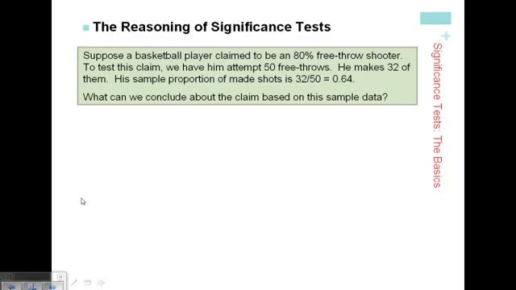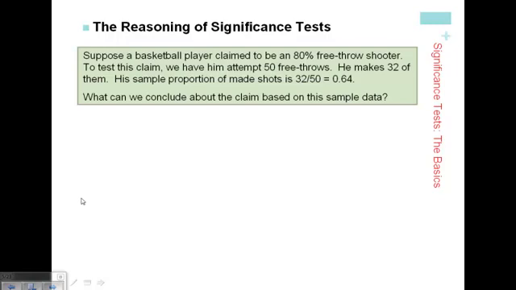Or could I be one short of 80%? That could just be chance variation happening. So I could miss one. I could be one below 80%, which would be 39, and you'd be okay with that.